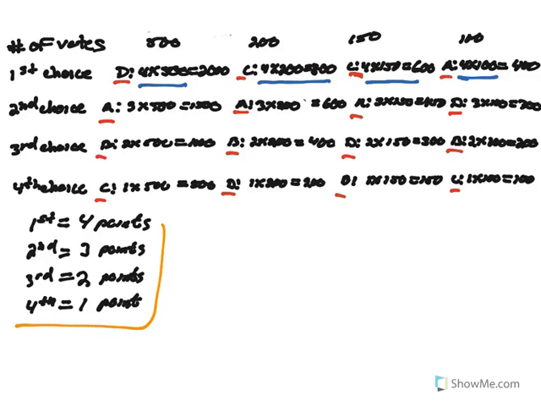So what we've got to do is look at this table, and you add up the letter that has the most amount of points. If you were to do that, you're going to see that design A is going to be the winner.